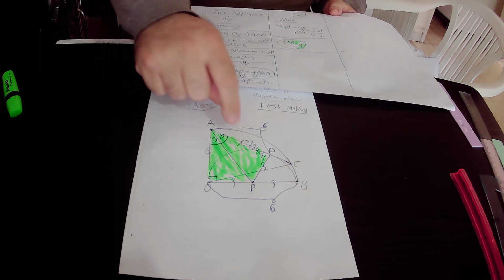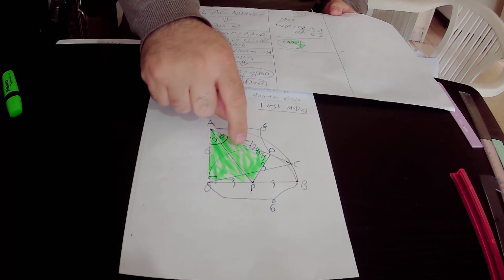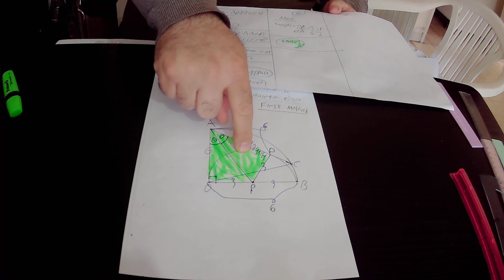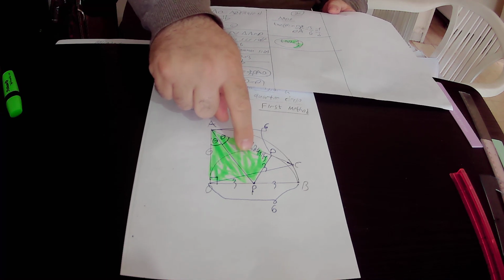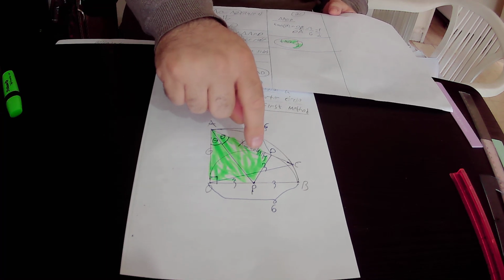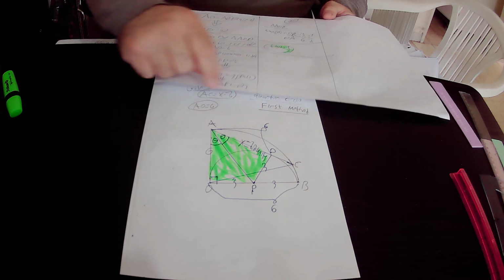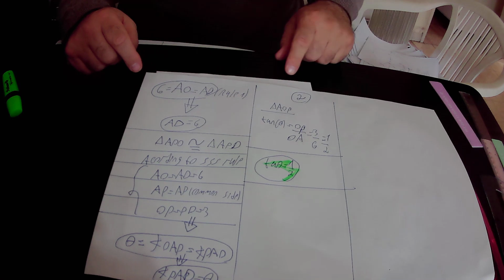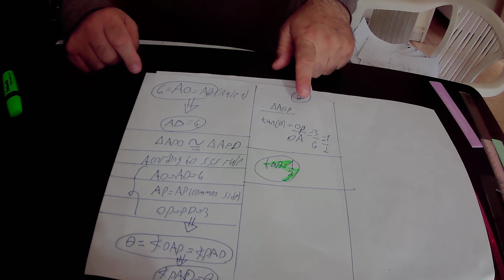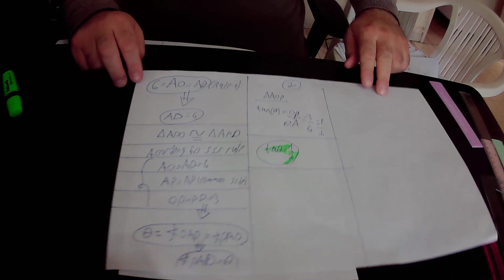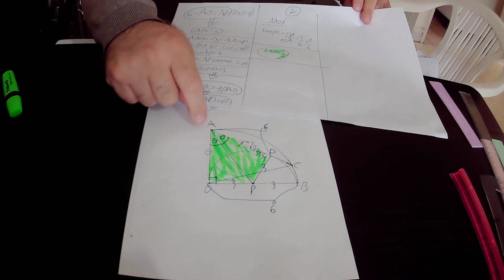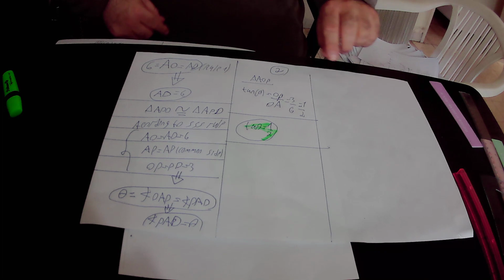Then we focus on the right triangle AOP. In this right triangle, tangent theta equals OP over AO. Here OP equals 3 units, AO equals 6 units according to what is given in the question.